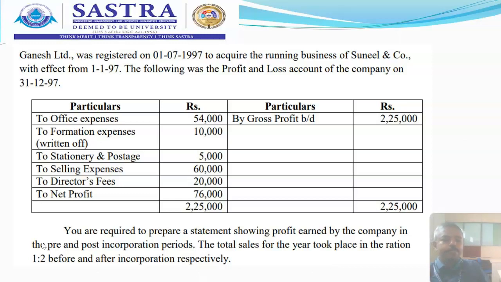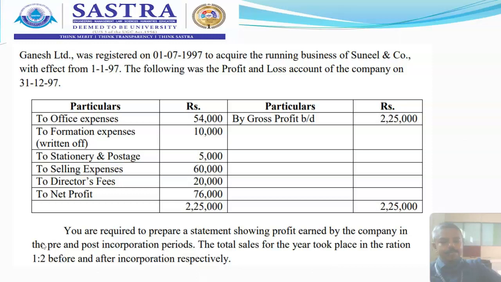So net profit we have left. Net profit is the excess of income over the expenses, which means the excess of gross profit over the indirect expenses together. So if you see the excess amount, then it is called net profit. So now what we need to do is calculate the profit.